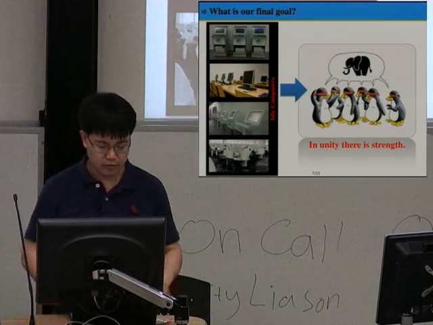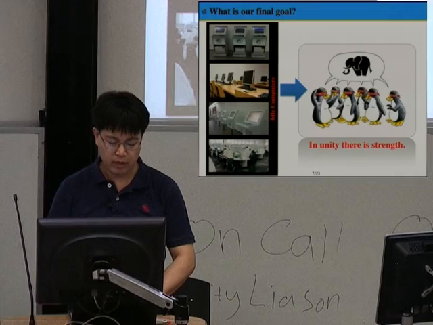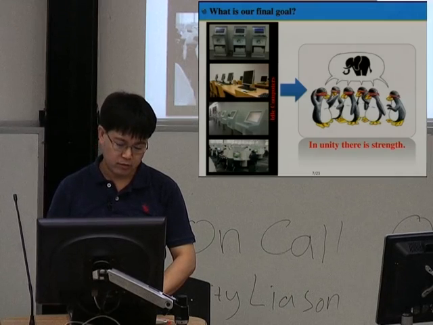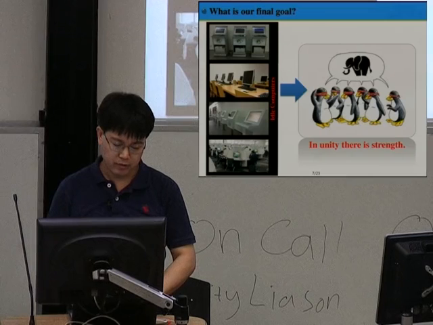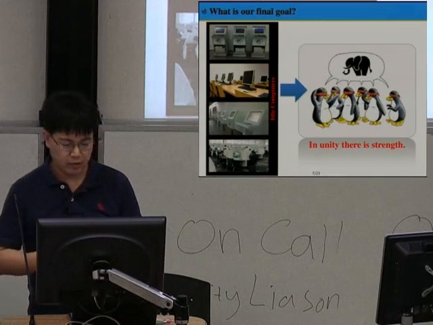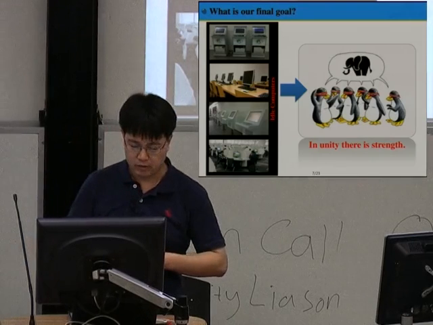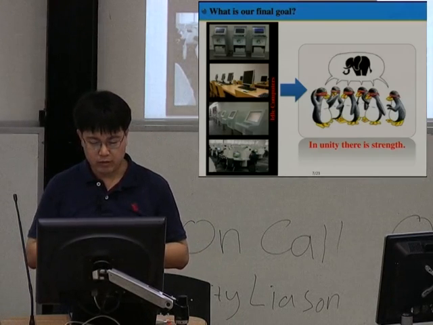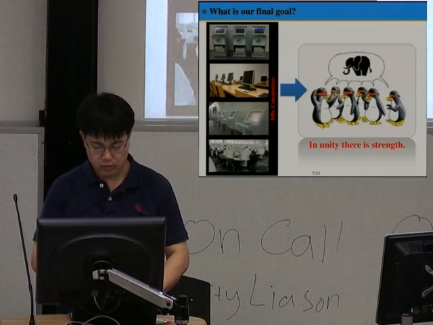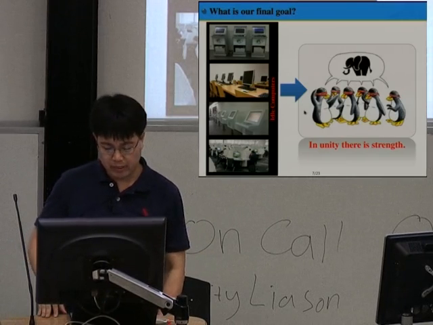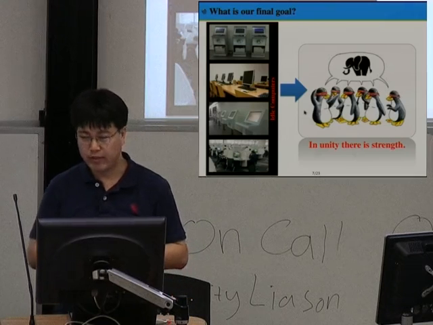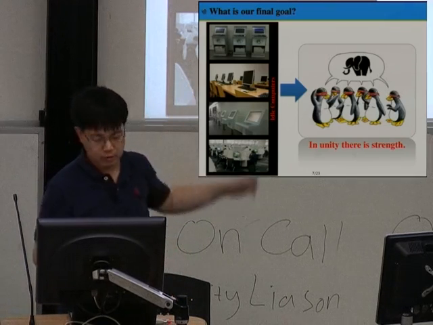The first is printing servers, and there are a lot of desktop computers in libraries or companies, and some information systems based on cloud computing technology. And there are a lot of desktop computers in university libraries and hosting service companies. So we believe that in unity there is strength, like these pictures.